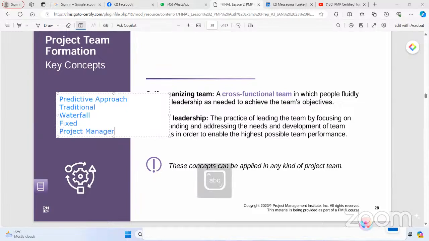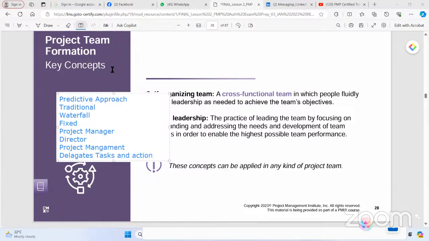We do have a project manager role, a kind of directive role, a person preparing the project management plan who assigns the tasks to the team, and sometimes also micromanages. The project manager delegates the work and assigns the tasks and actions. Why is this kind of approach necessary?